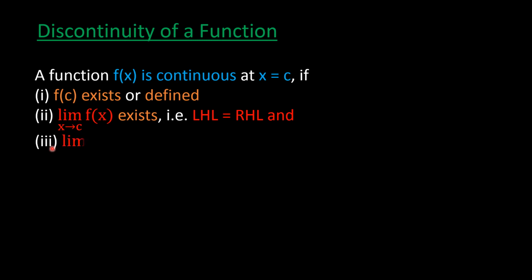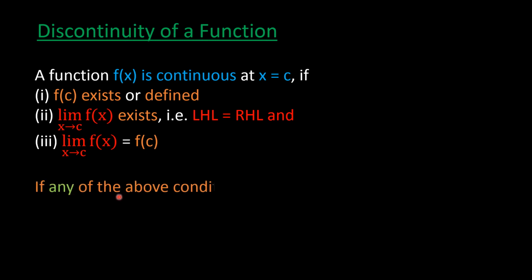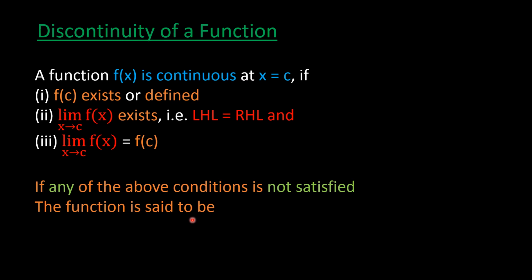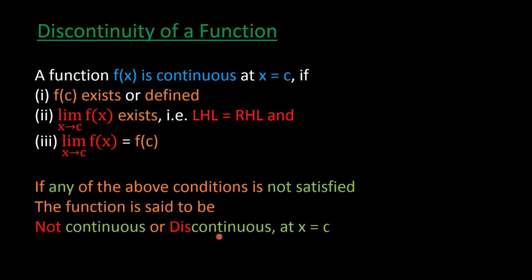And number 3, the limit of f(x) as x approaches c equals the value of the function at x equals c, that is f(c). If any of the above conditions is not satisfied, the function is said to be not continuous or discontinuous at x equals c.